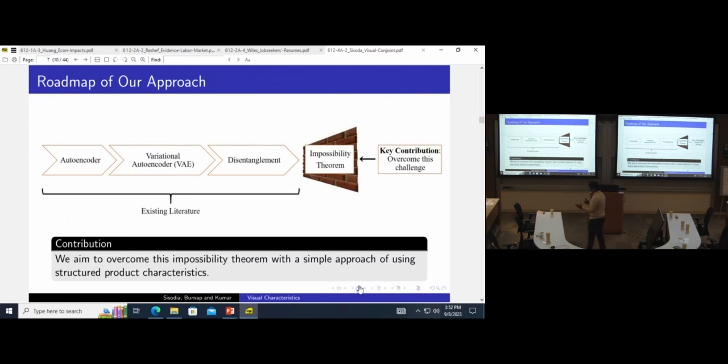So the roadmap of our approach is that we use a method known as disentanglement learning. I'll be expanding on that. But it runs into one theoretical result which is known in that literature as the impossibility theorem. And the key methodological contribution of my work is to propose a way to overcome that theorem.